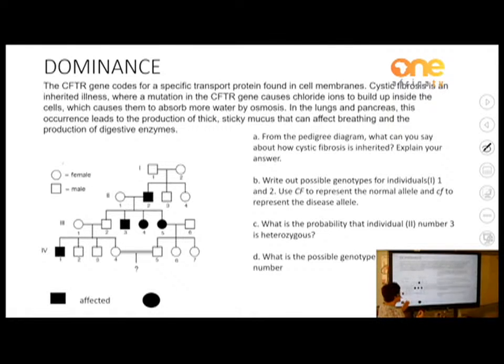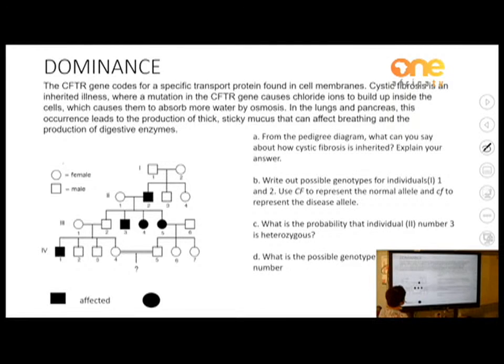It will have a lower osmotic potential, and water will move into that cell, which causes them to absorb more water by osmosis. Very important. In the lungs and pancreas, this leads to the production of thick, sticky mucus that can affect breathing and the production of digestive enzymes.